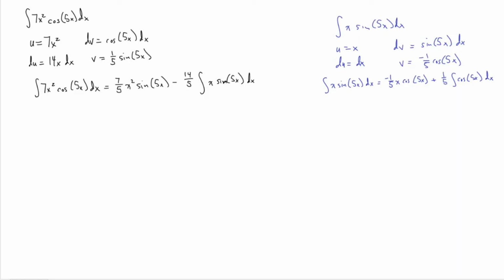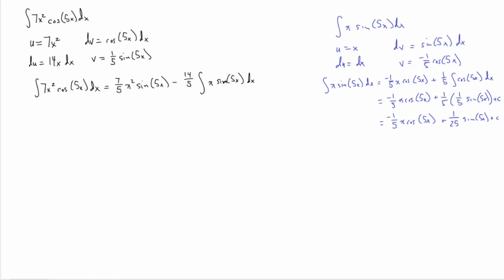We pull the 1/5 outside the integral, and you just end up with the integral of the cosine of 5x inside there. We've already integrated the cosine of 5x over here when we figured out v, so the integral of the cosine of 5x is 1/5 the sine of 5x. And that gives us this result here for the integral of x times the sine of 5x dx.